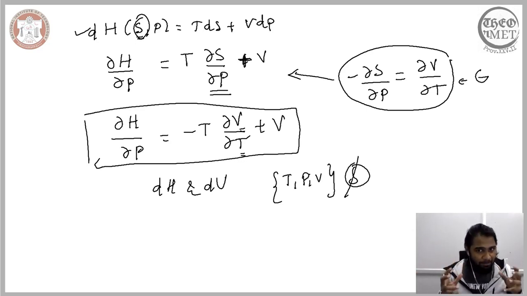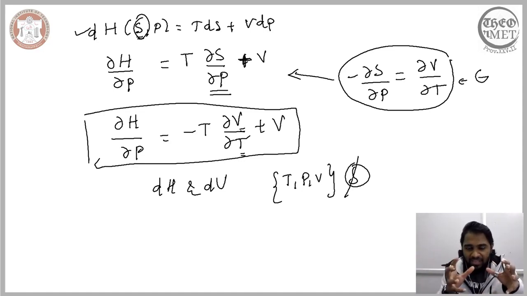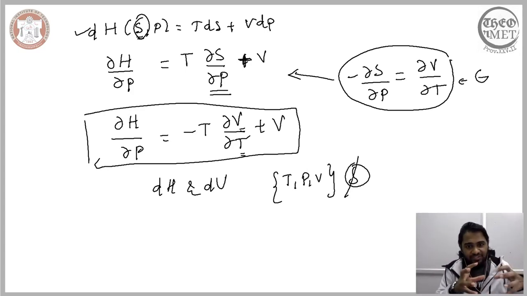With the help of Maxwell's relation, we have replaced the influence of entropy with variables that can be easily measured, and therefore it becomes possible for us to describe a physical system based on the change in the internal energy and the change in the enthalpy. So this is the key role of Maxwell's relation.